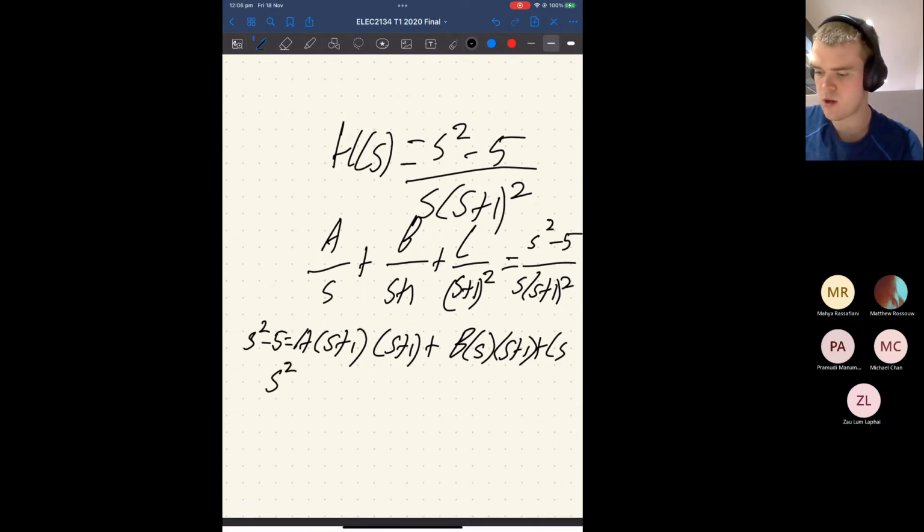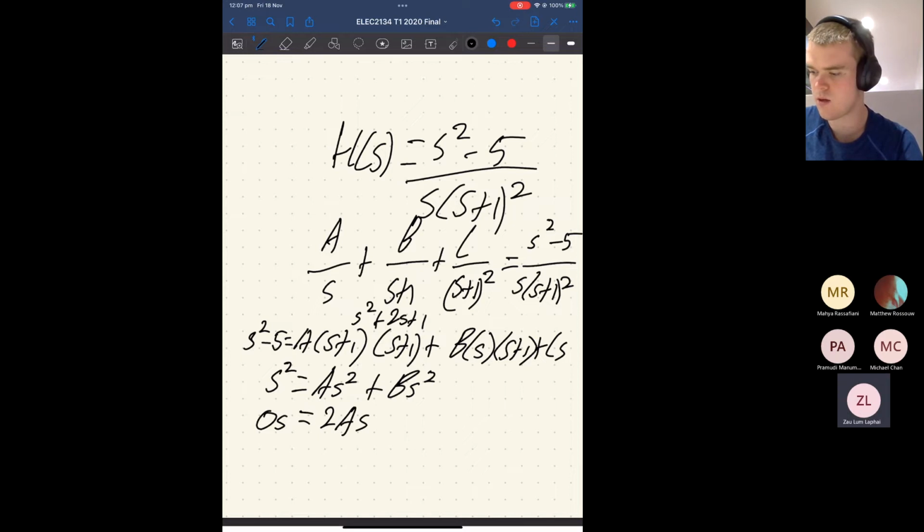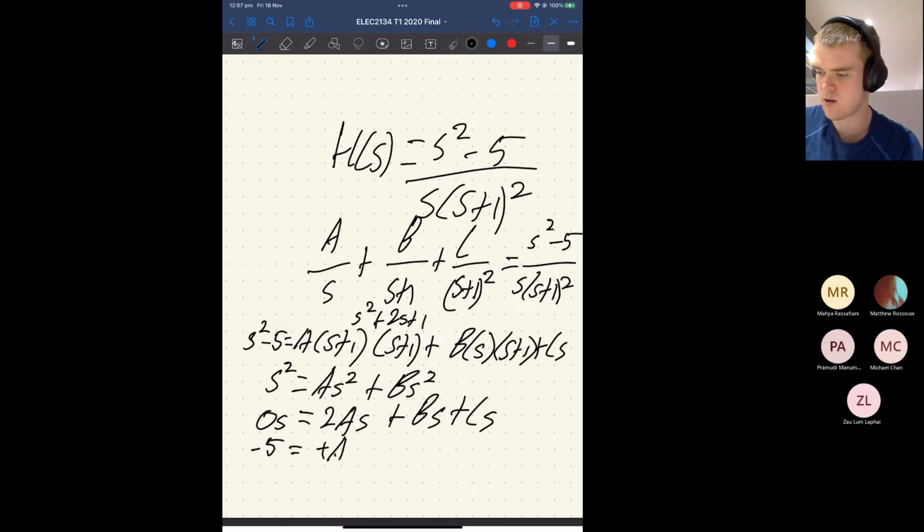So then s squared is equal to As squared plus Bs squared, and then 0s is equal to 2As plus Bs plus Cs, and then minus 5 is equal to A. That's nice and convenient.